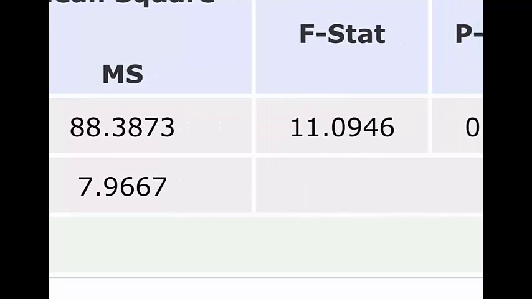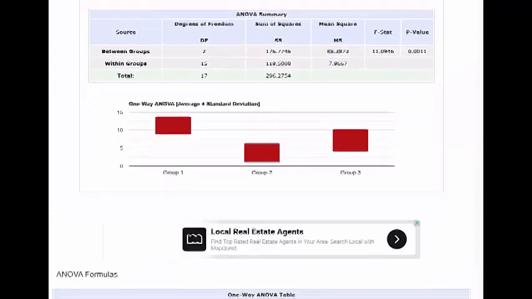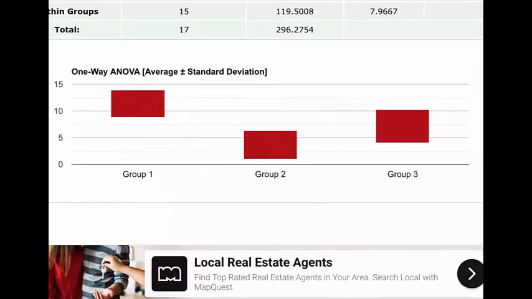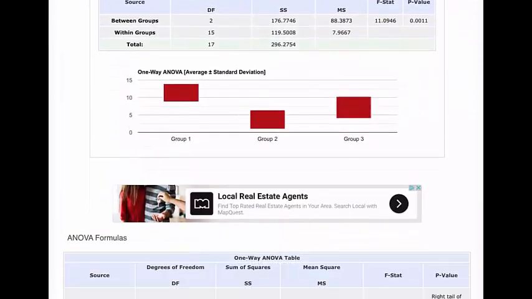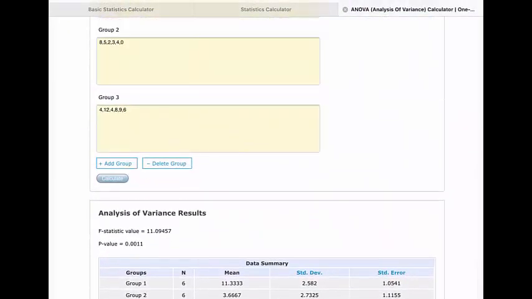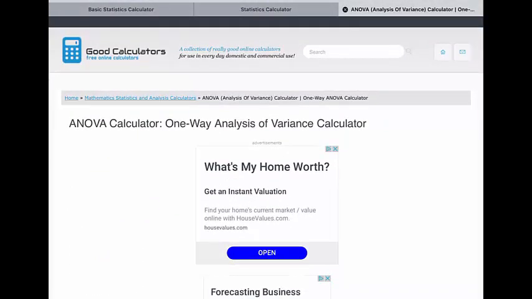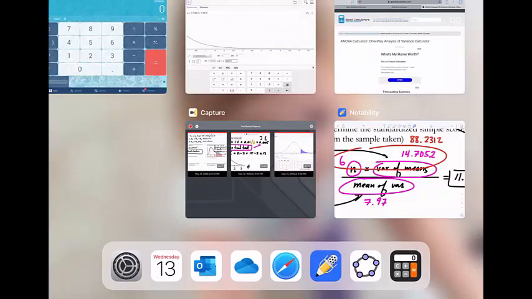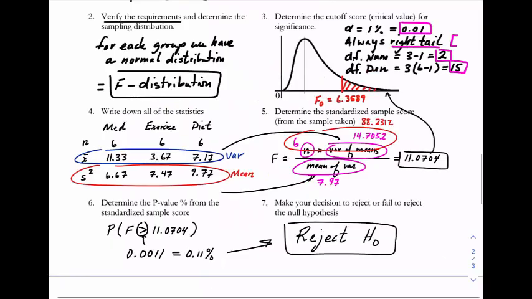They even show the different bars in comparison of the three different groups, and some formulas at the bottom. So you can use this; this is a one-way ANOVA calculator. But if you find one that you like better that actually displays everything, including the variance, feel free to trade up.